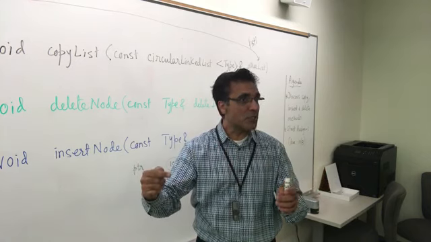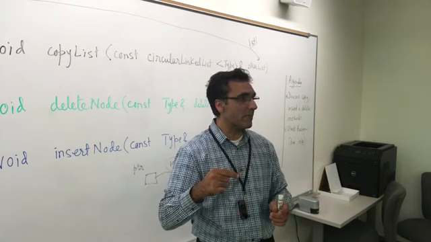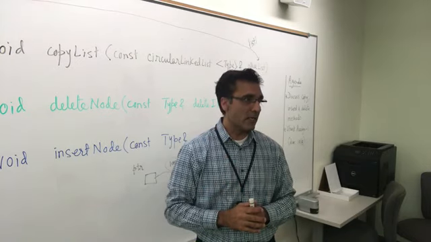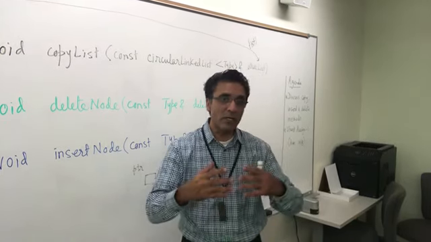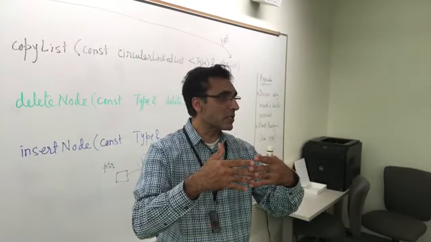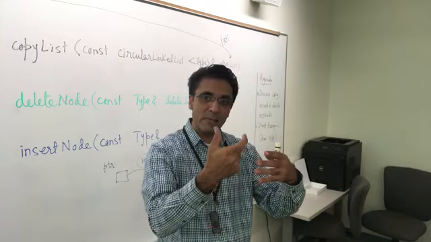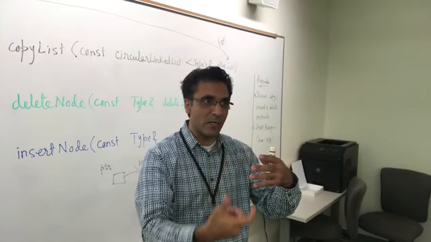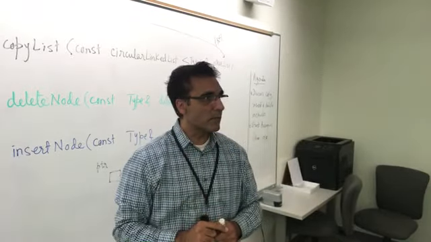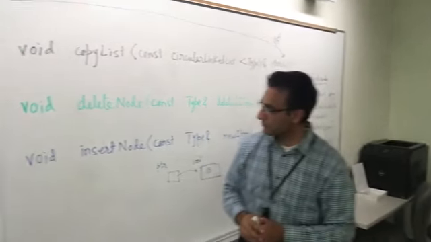So my delete function should be able to search that data, search that node. If the node is captured, delete it. And once we have deleted that node, make sure that our links are connected correctly. So let's say that's a middle node. I want to delete the middle node. Then my first node should be able to point to the third node.